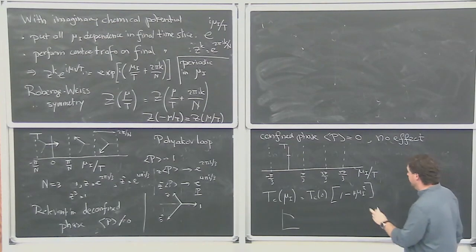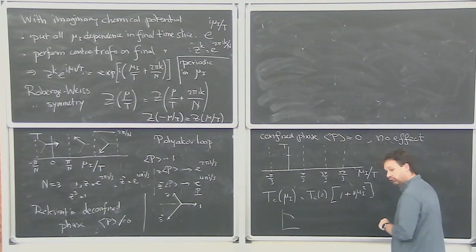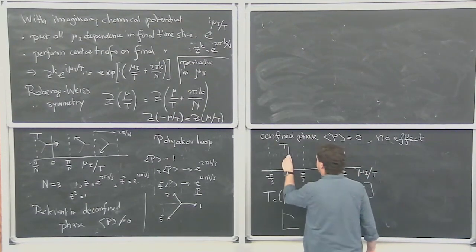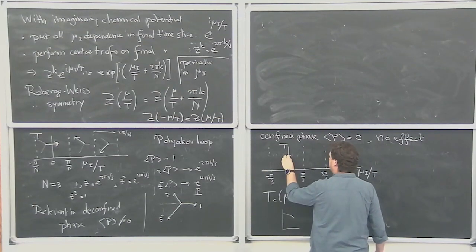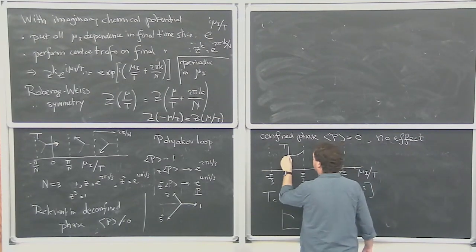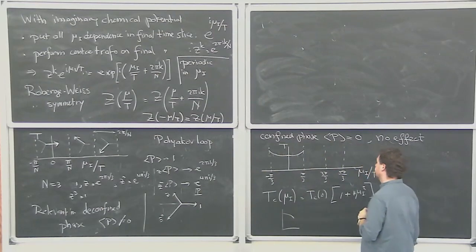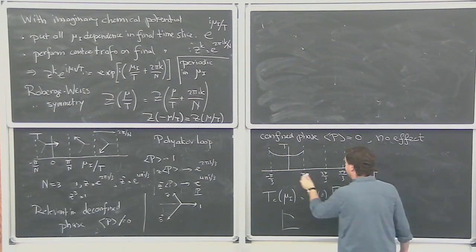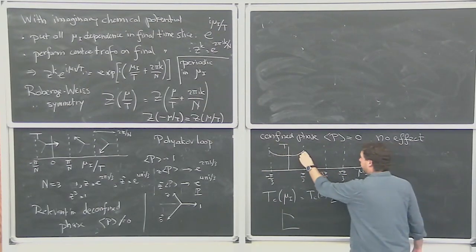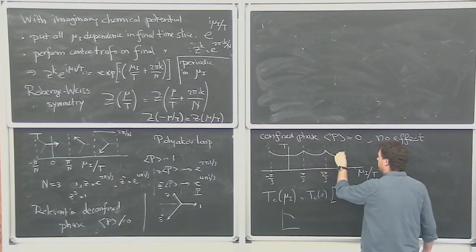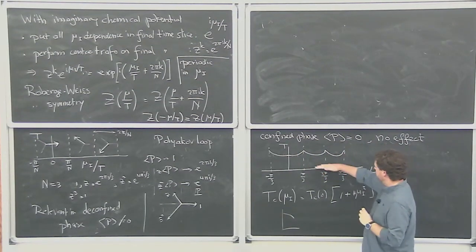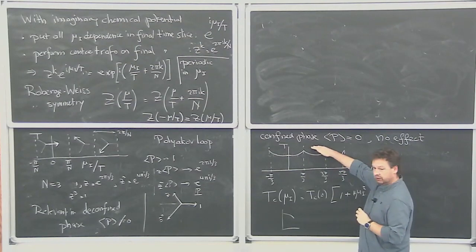It's minus for real mu, so it's plus for imaginary mu. So this boundary here will go upwards, something like this. And then it's periodic, so we can continue this thermal transition in a periodic fashion. So this is confined, deconfined.